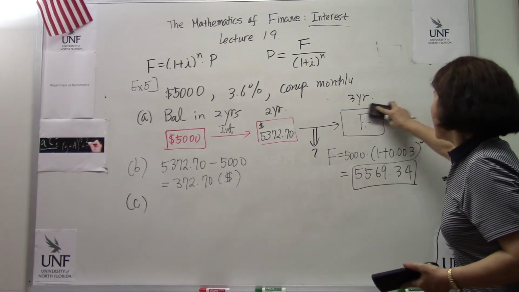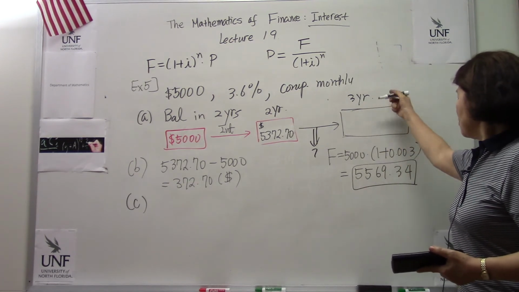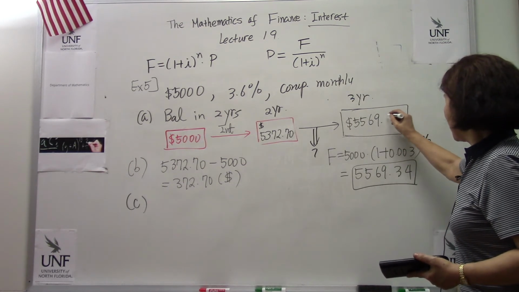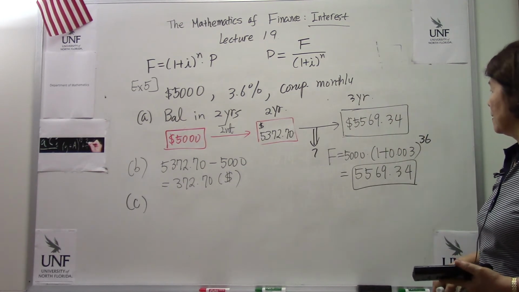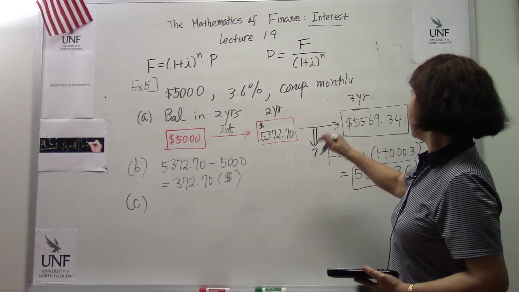So now the mystery is solved. By the end of the third year, you are going to have $5,569.34. What is the interest earned during the third year?